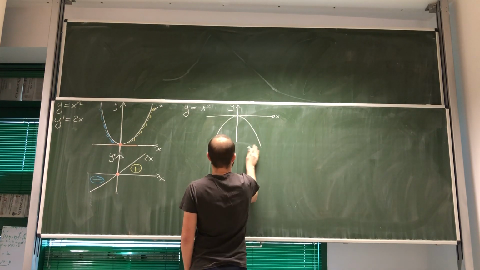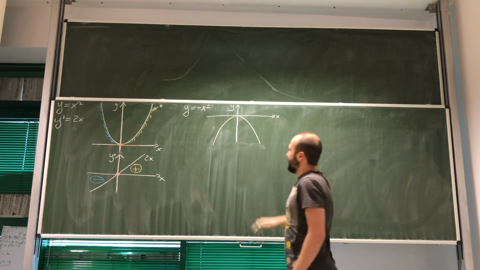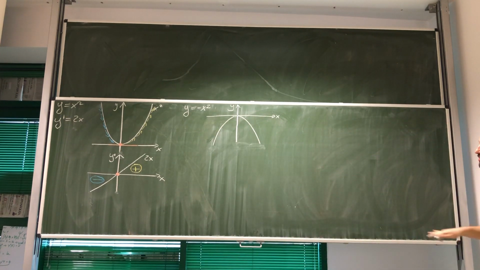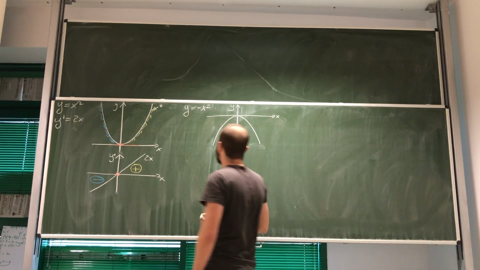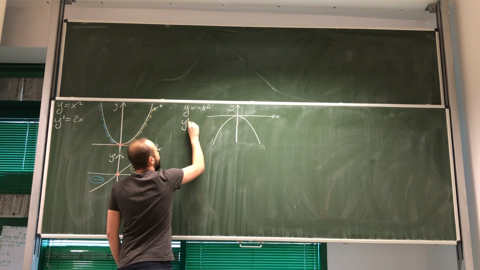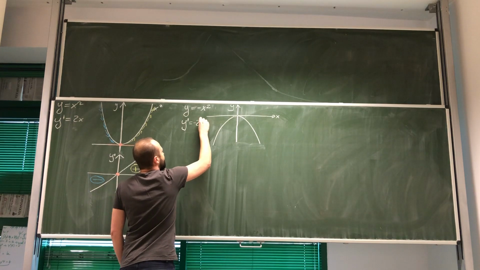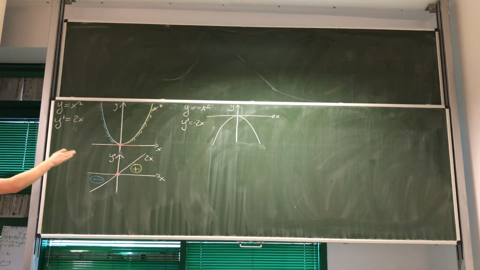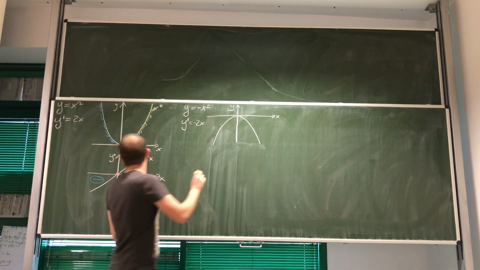Okay, so let's right away, just as we did before, calculate the derivative of this function. Let's denote it as y prime, and we get that this is negative 2x. And now let's put the graph of this function right below.